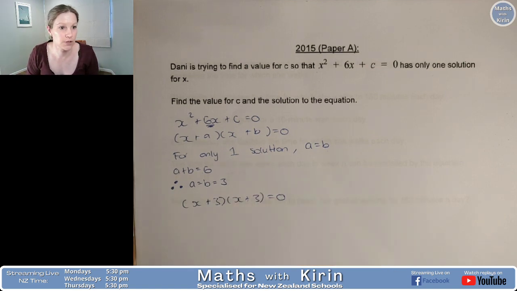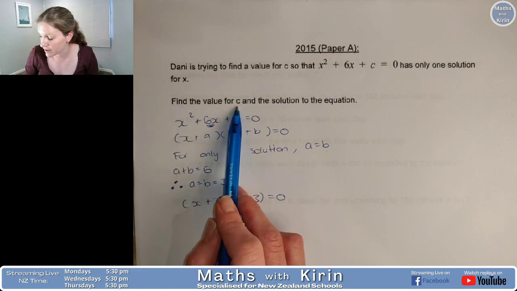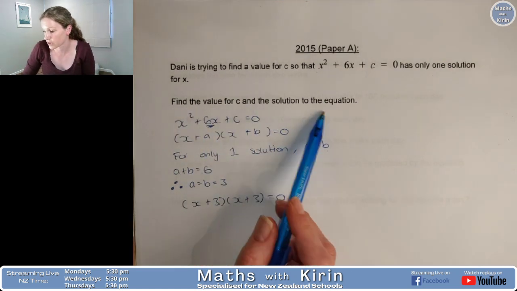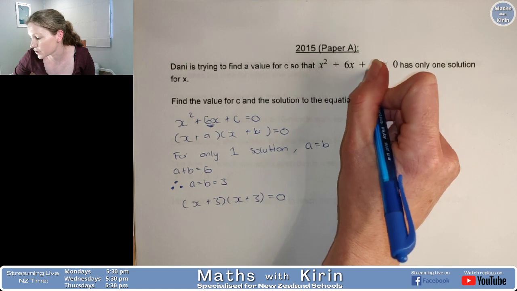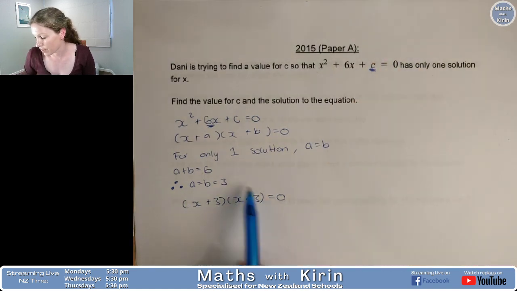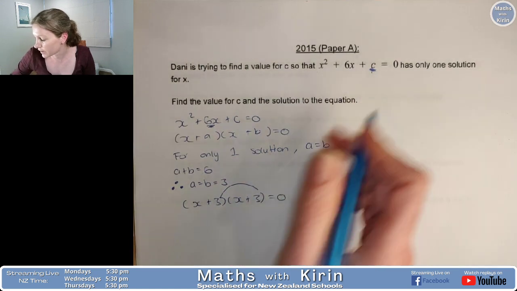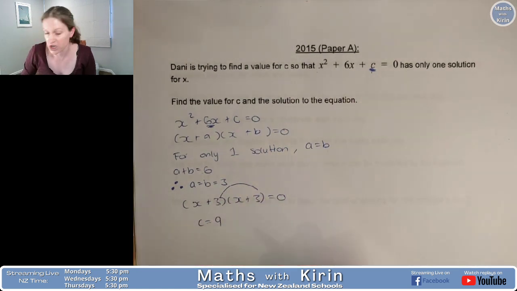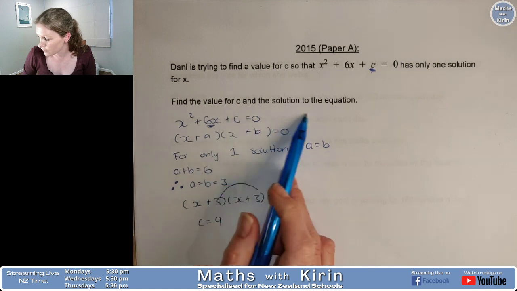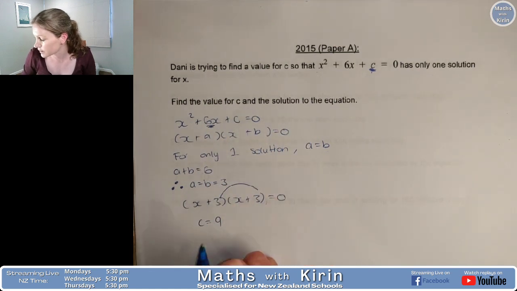Okay, so the question is asking us to find the value for C and the solution to the equation. So the value for C, we haven't actually found that yet. We would find that by expanding this. So 3 times 3 will give us the value of C, which means C is equal to 9. And the solution for the equation, if we solve this, x is equal to negative 3.